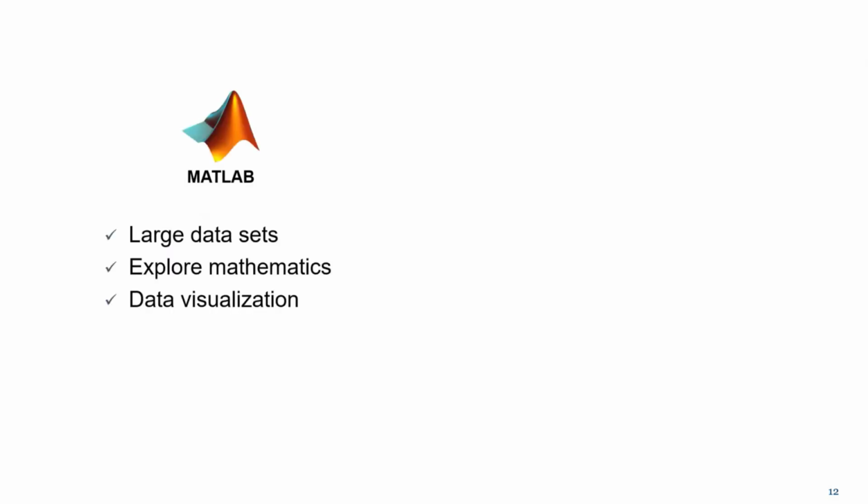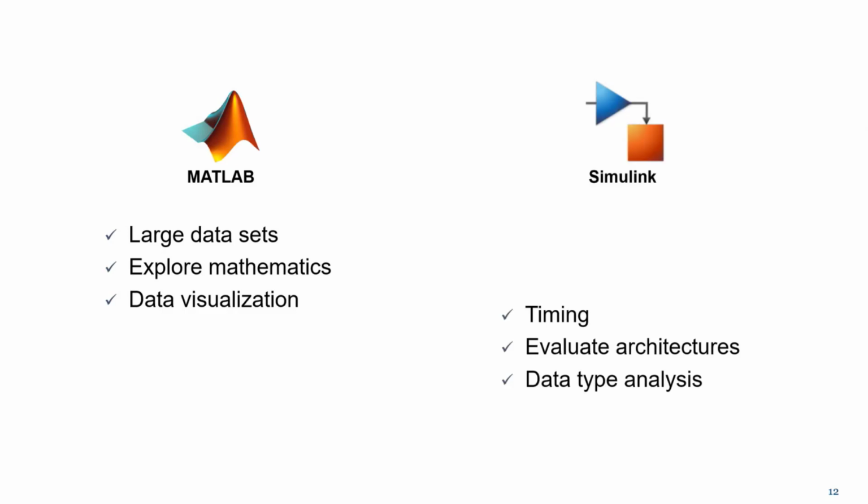So usually we use MATLAB for large data sets, to explore the mathematics, to visualize some data. Of course, we can do that in Simulink, but we like to keep MATLAB for golden reference and reference algorithms in order to use them later on to compare them to what we have in Simulink.